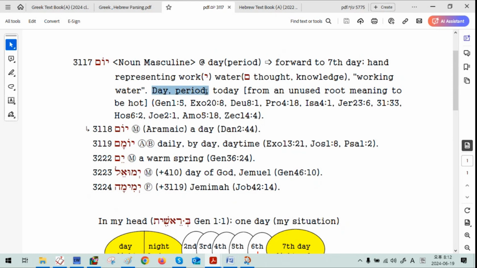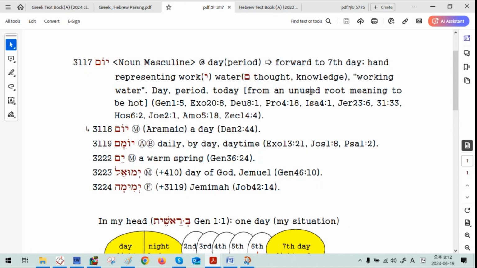It uses the day period today. Then the 7th day process is the period, right? Because the 1st day, 2nd day, 3rd day, those are the periods, right? That is happening inside me. So the day period is 1 to the 7th day.